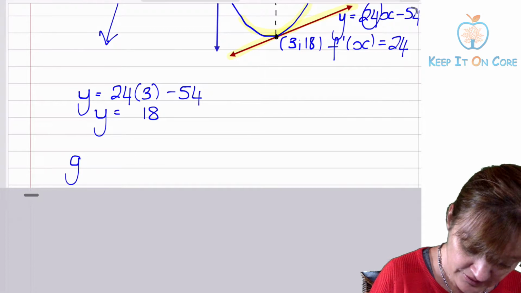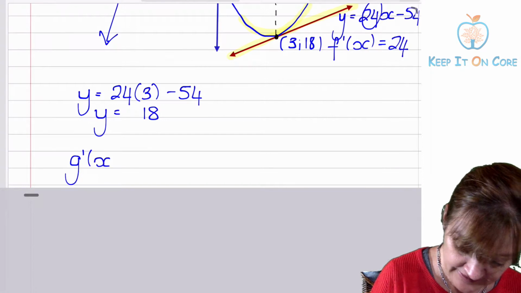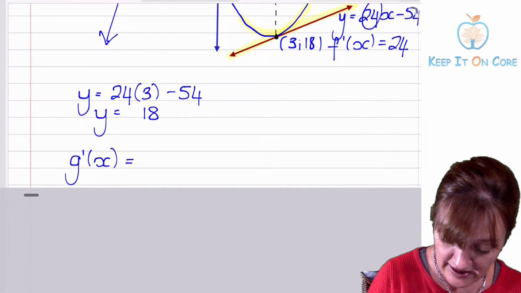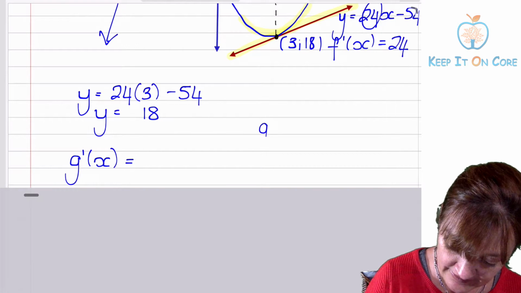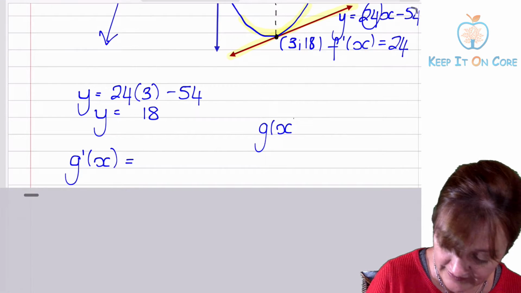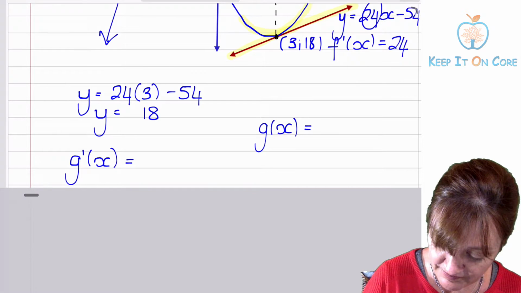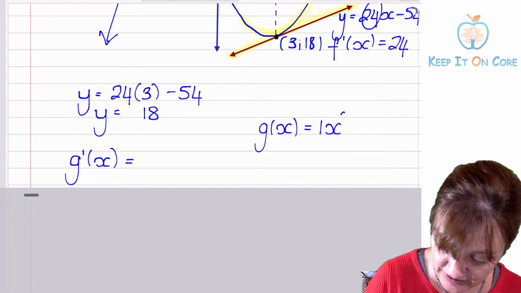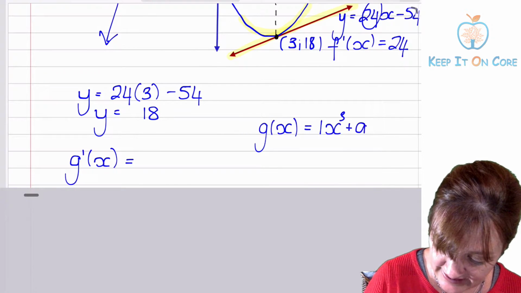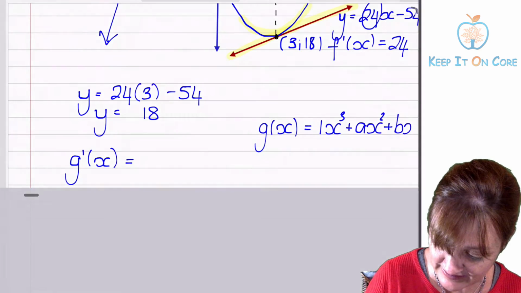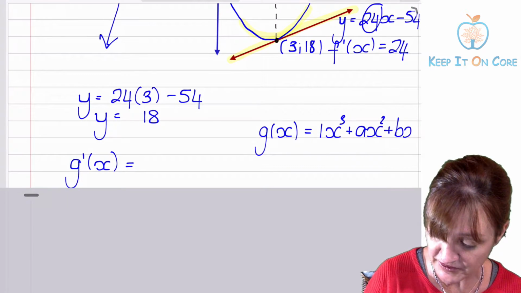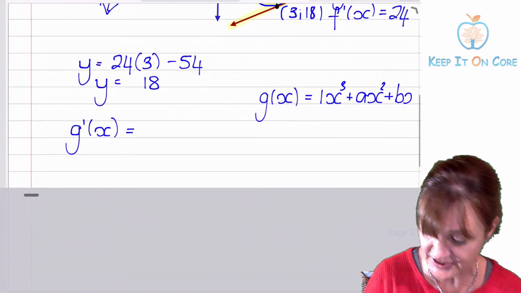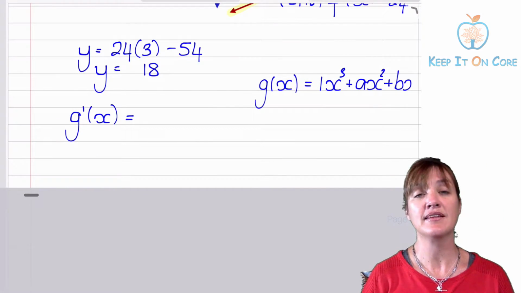So let's take the derivative of my g of x function, which is, let's just quickly write it on the side here. G of x was 1x cubed plus ax squared plus bx, and then remember we said that the c was 0 because that's passing through the origin, so c is 0.